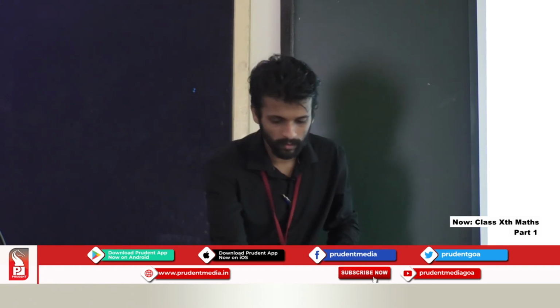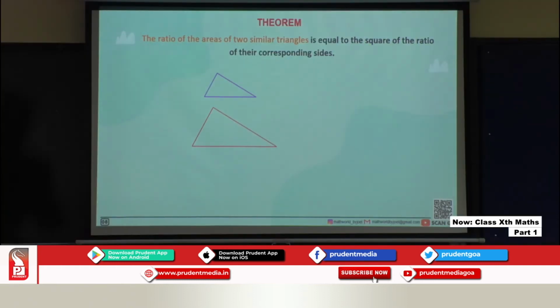Here I have two triangles, one in purple and the other one in red. So they are in a ratio. That means there should be a numerator upon denominator for it, right? Now this is equal to what?